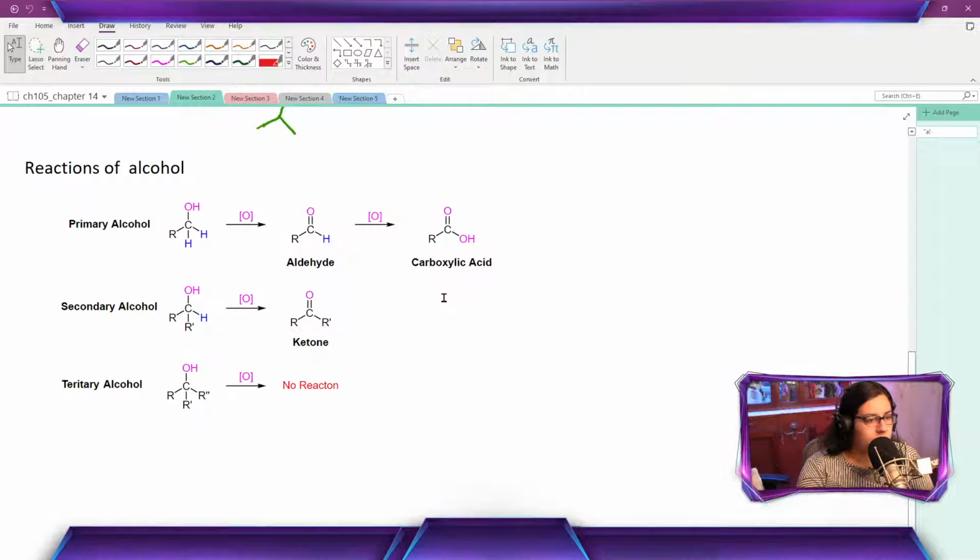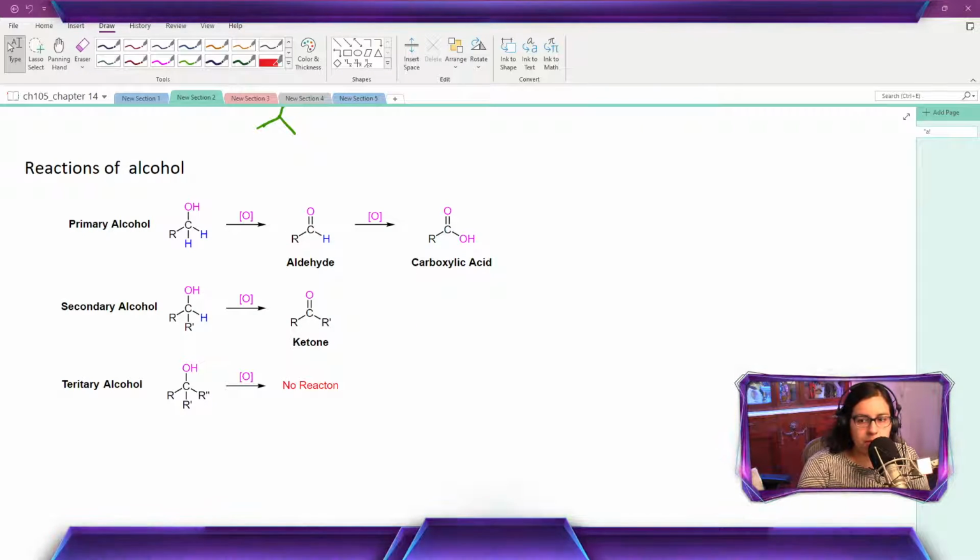So let's look at other reactions now. So now these are going to be oxidation reactions. And so we have this series of reactions.